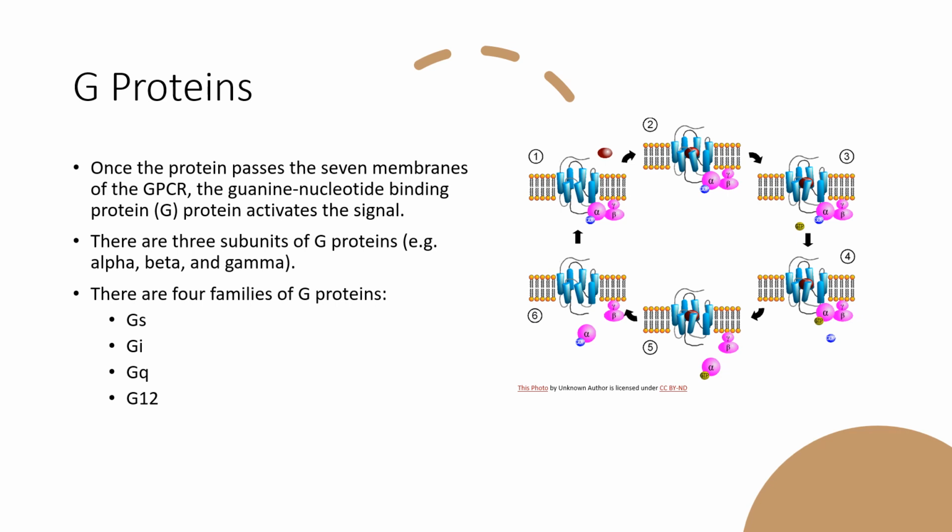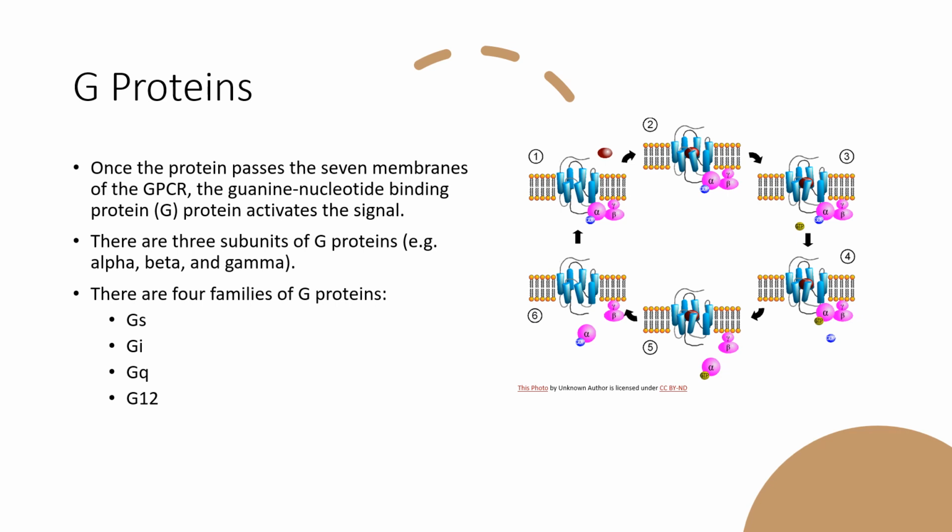So there's GS, GI, GQ, and G12. But for this presentation, I'm only going to cover GS, GI, and GQ. And all of that is transduced by a secondary messenger, cAMP or IP3.